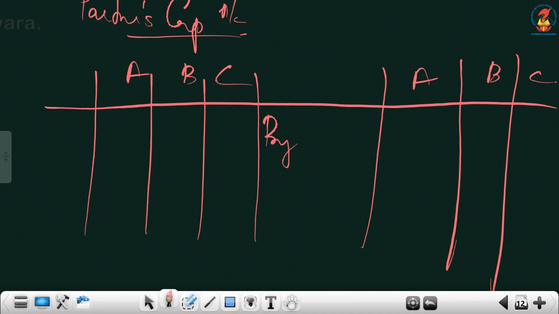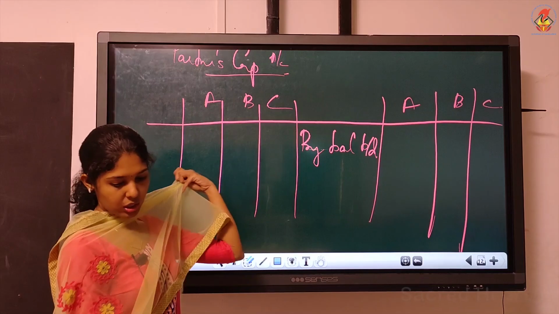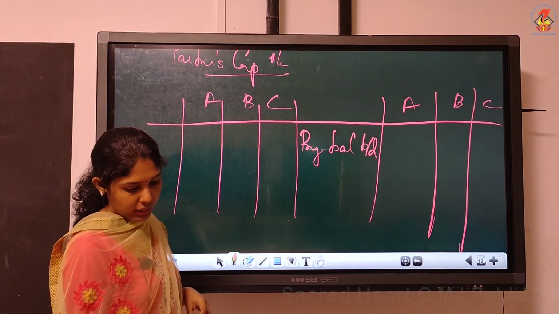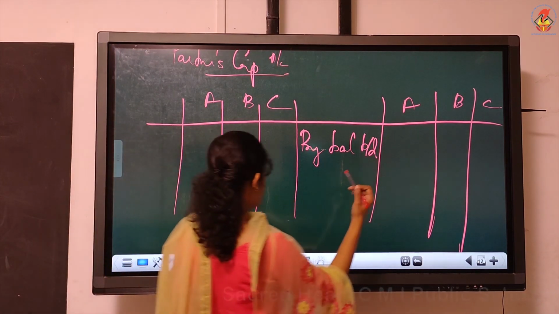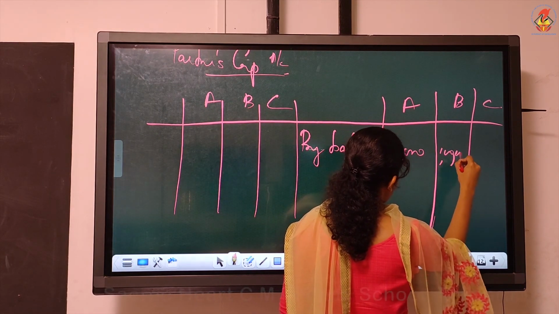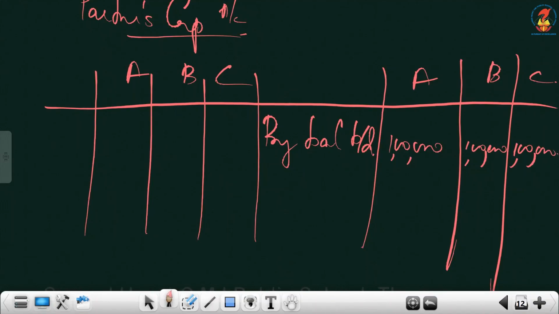There is no change. All these steps are the same. By balance brought down, we have to write the opening balances. You have to take them from your balance sheet. It is 1 lakh each, 1 lakh, 1 lakh, 1 lakh.